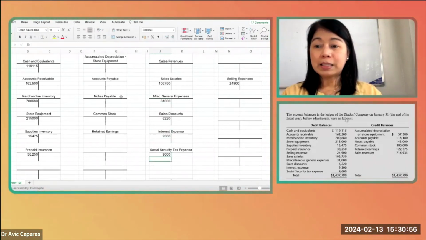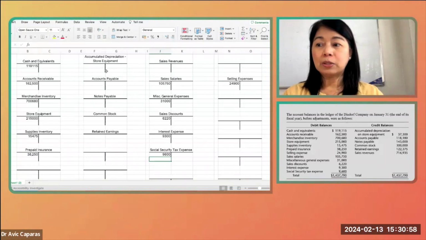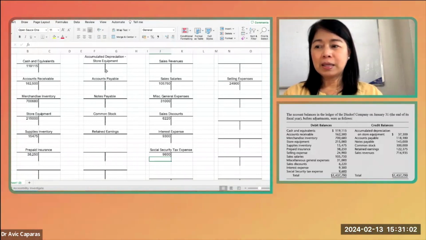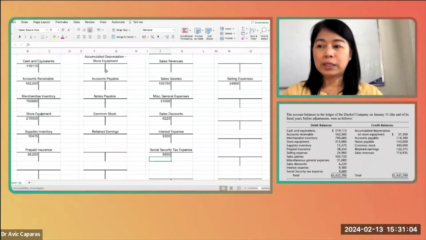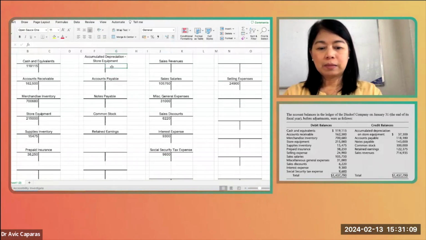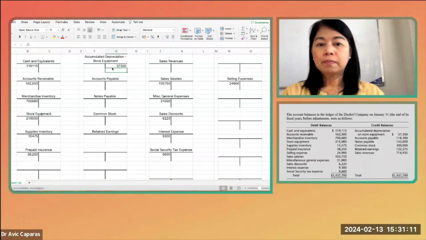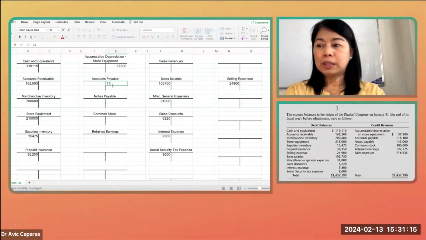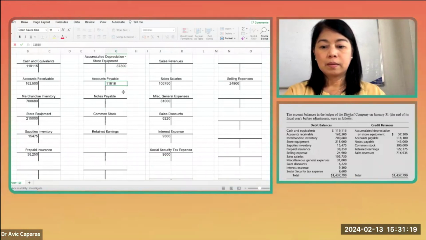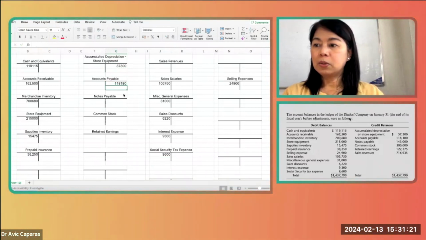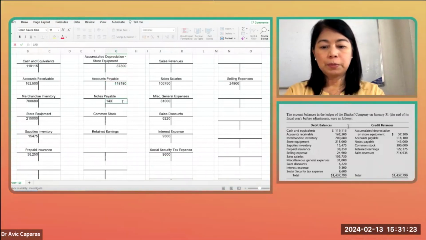And then credit balances, at least it helps you to see, no? Accumulated depreciation on store equipment is a credit balance. Store equipment is debit, but the contra asset account accumulated depreciation is 37,300. Accounts payable, 118,180. Notes payable, 143.